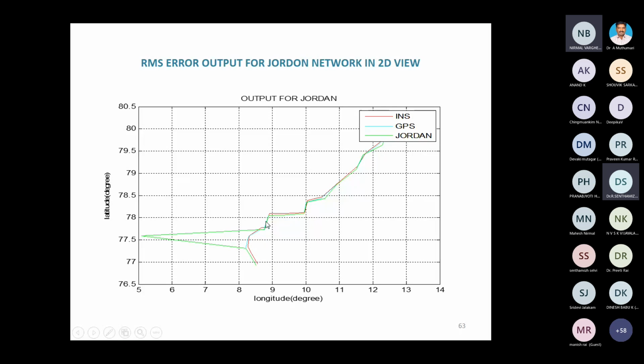The GPS is the light blue. After that, the Jordan output is also coming close to your GPS. So your Jordan is well trained. Both the GPS and INS signals are coming closer. So the latitude, longitude, altitude of INS is coming on par with the GPS. So if any one of the systems goes faulty, no problem. We have our already trained values. With that, we will predict our position. Okay.